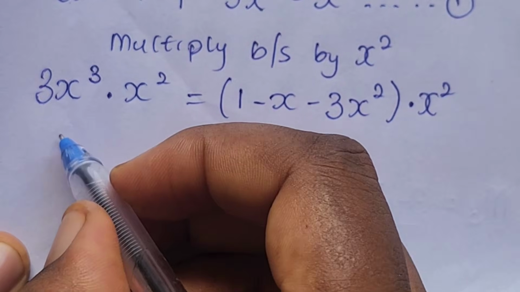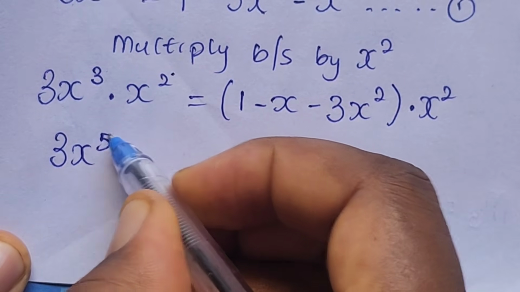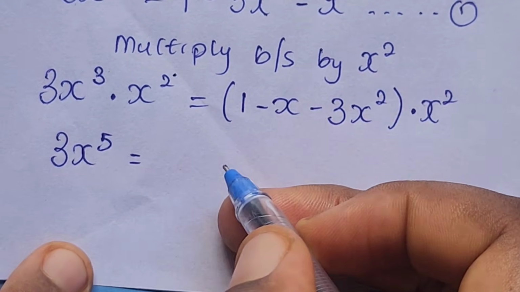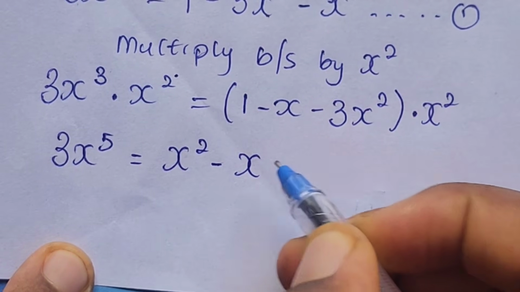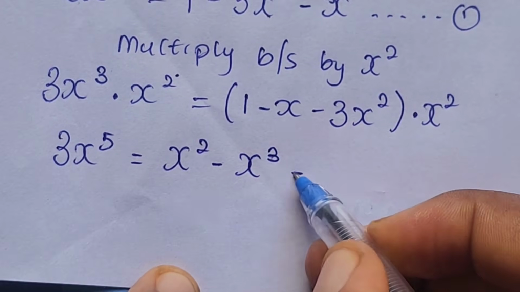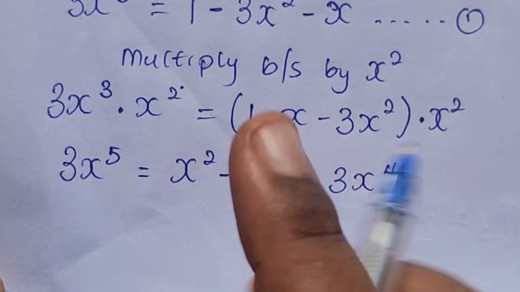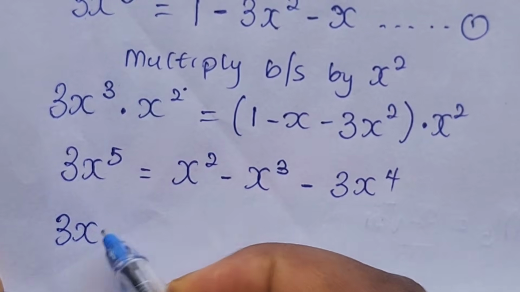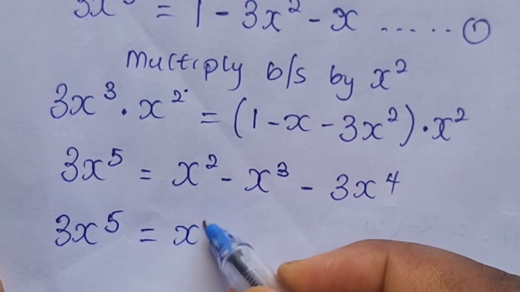So multiplying this, we have 3x, our 2 plus 3, we have 5, is equal to, opening this bracket, we have x squared minus x cubed minus 3x all to the power of 4. So we have 3x to the power of 5 is equal to x squared.